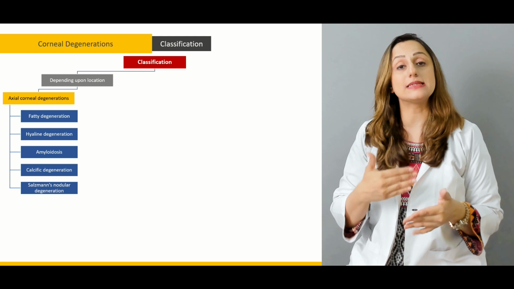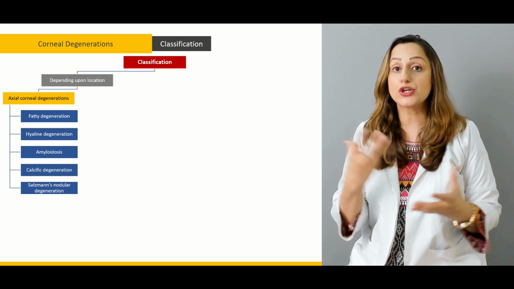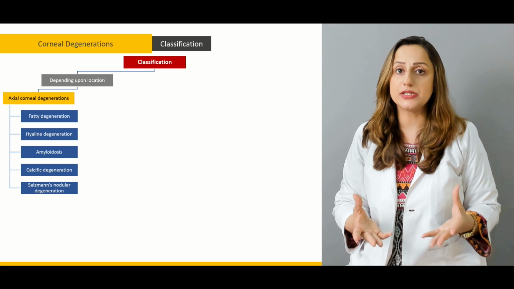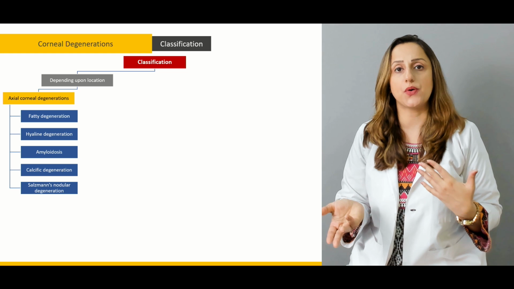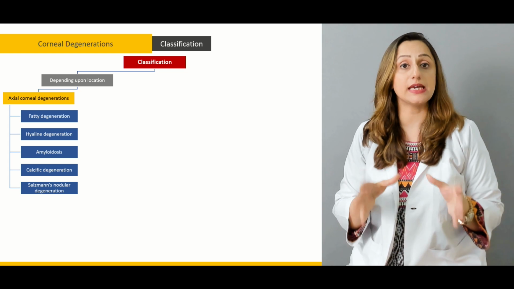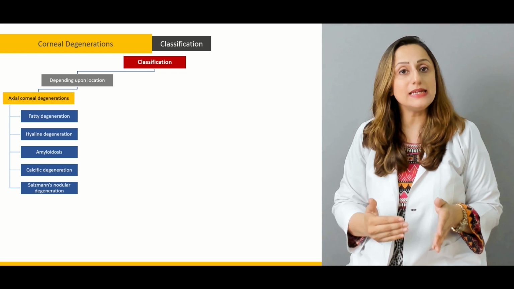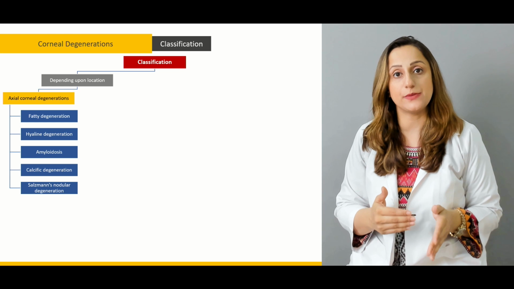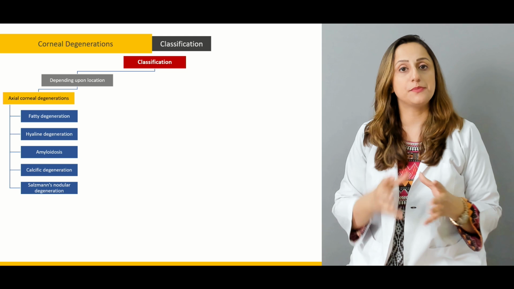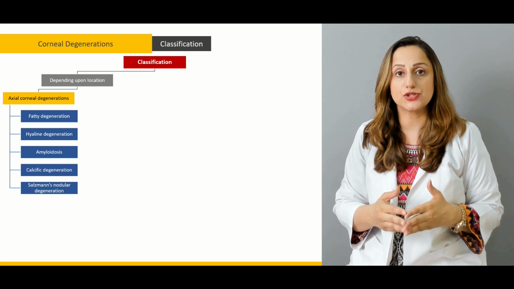As you can see, the systemic illnesses are finally manifesting as ocular diseases in a patient. Either it can be the corneal degenerative processes or dystrophies, or even the conjunctiva can be affected in these patients. Whatever the case is, the baseline investigations and the complete and detailed history taking is very important over here, and that is going to highlight the particular pathology behind that corneal degeneration that the patient is suffering from.